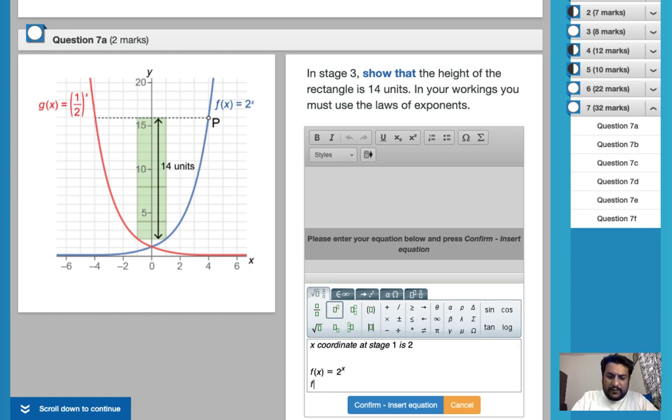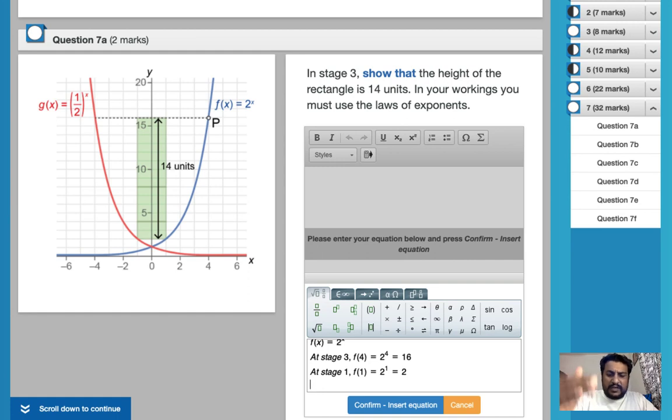So what would be f(4)? We are looking at stage 3, so at that point x is 4. f(4) would be 2 to the power 4, which gives you 16. And stage 1 would be f(1), which gives you 2 to the power 1, that is equal to 2.